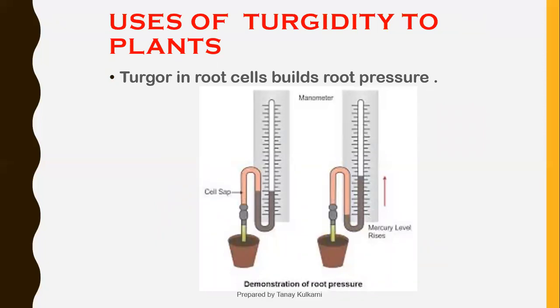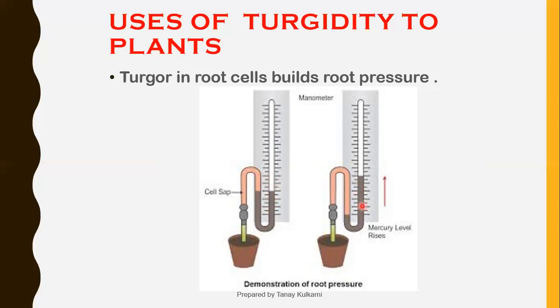If you cut a well-watered pot plant, for example balsam, a few centimeters above the soil, and immediately fix a glass tubing to it by means of a rubber connection, water will start coming out of the cut end of the stem and rise up in the glass tube.